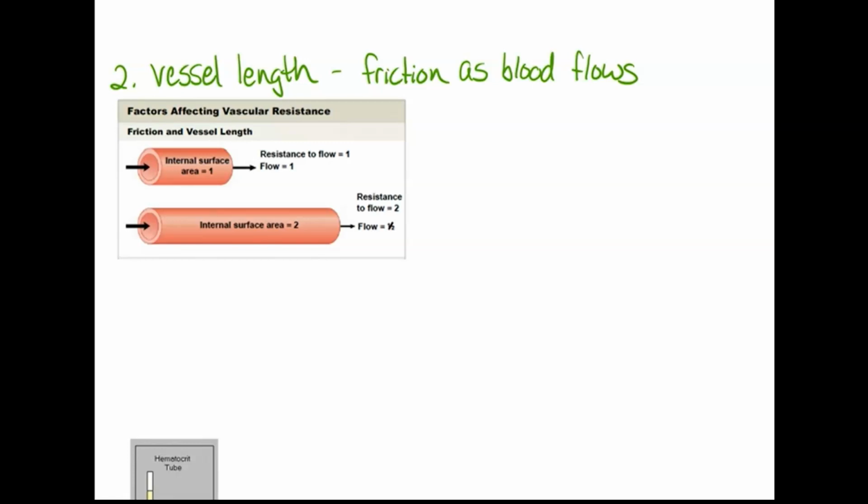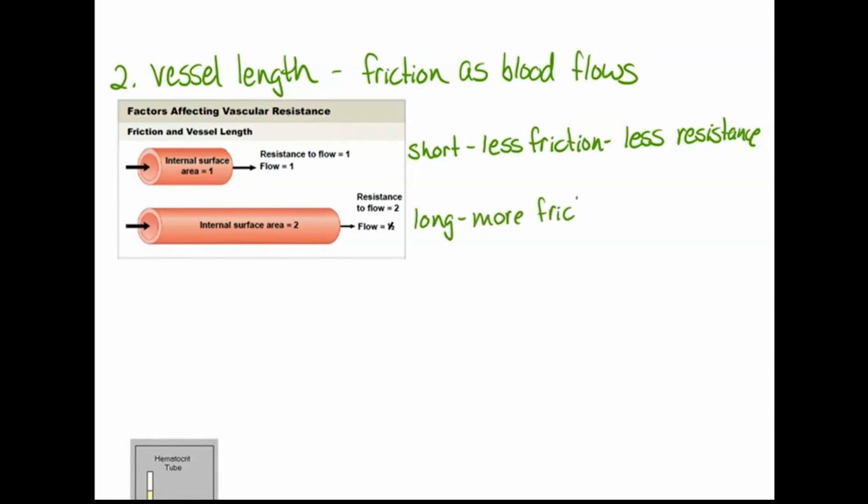So the top one here, the shorter vessel, would have less friction. So this would be less resistance. The bottom one, the longer vessel, would have more friction. So this would be more resistance.